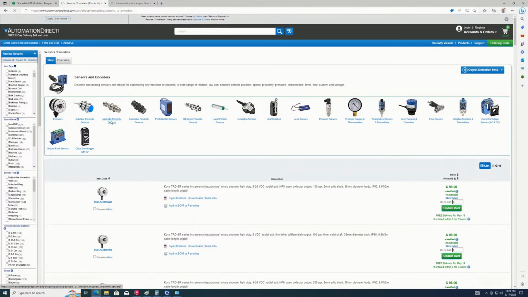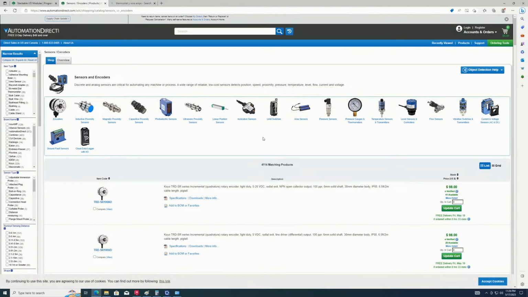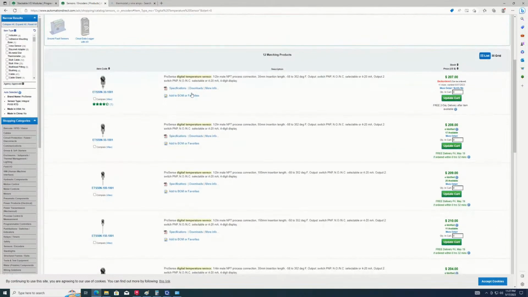Sensors and encoders. Light switch. Inclination, linear, ultrasonic. Look at all these sensors. Holy crap, pressure. Where's my temperature? You got a PSI gauge over there. Digital temperature sensor.